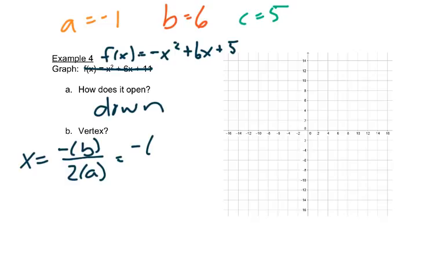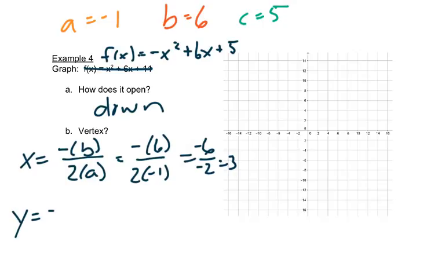So we have the opposite of B over 2 times A. That gives us -6 over -2, or 3. And then we'll plug that 3 in for x. Be really careful because this negative was already there. That means it has to be outside the parentheses when you put 3 inside the parentheses.